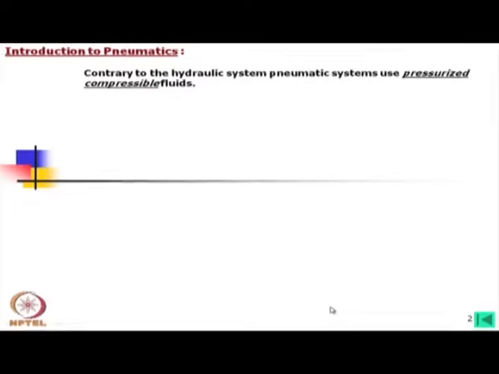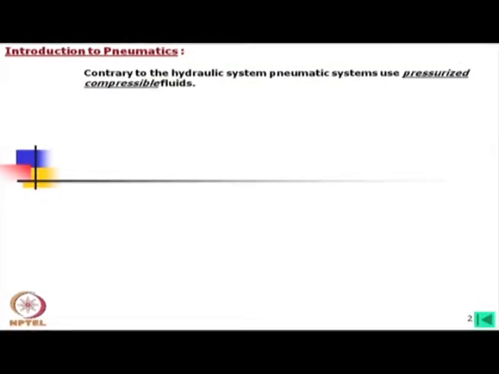Now, contrary to hydraulic systems, pneumatic systems use pressurized compressible fluids. This means that in the case of oil hydraulics, the fluid is incompressible, and a pressurized fluid inside a conduit acts like an elastic body, maybe like a solid member.